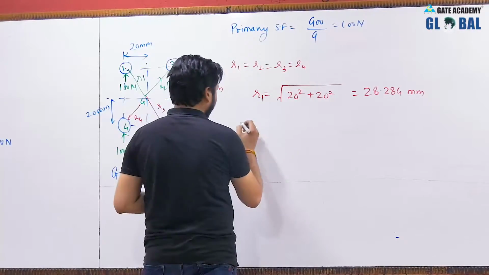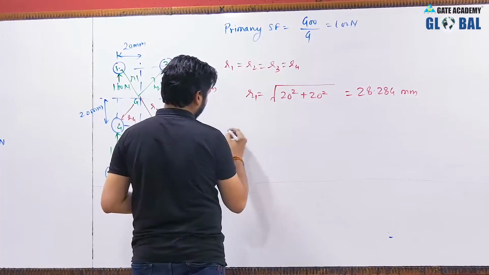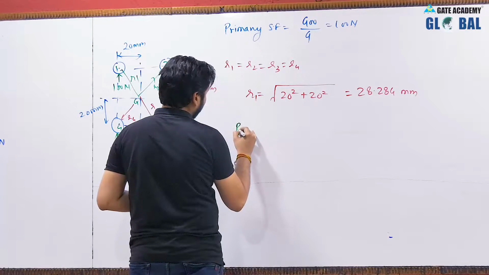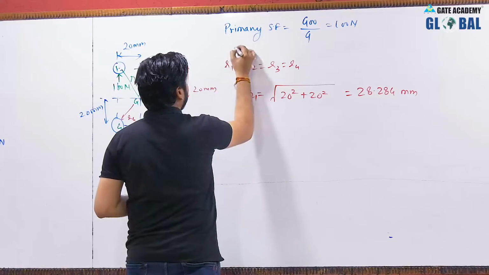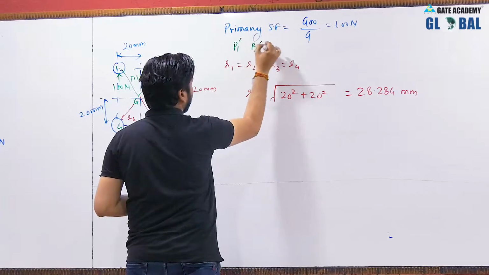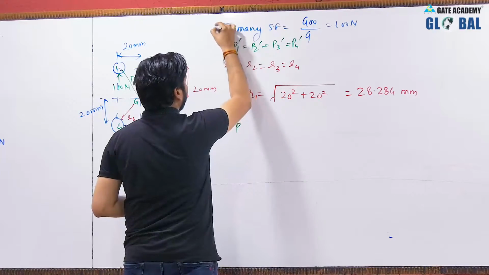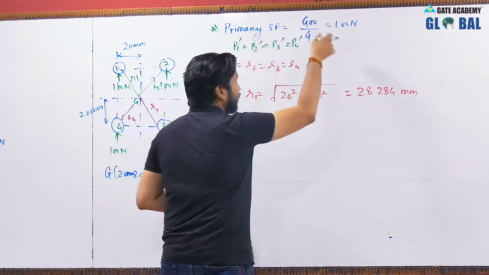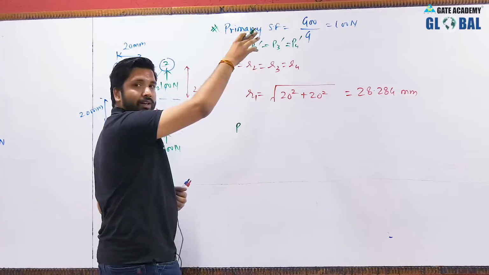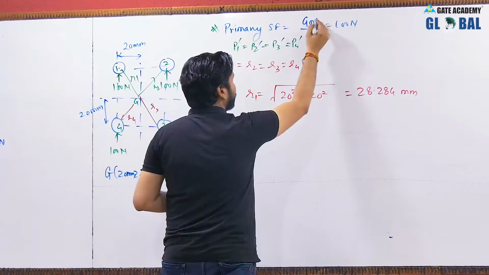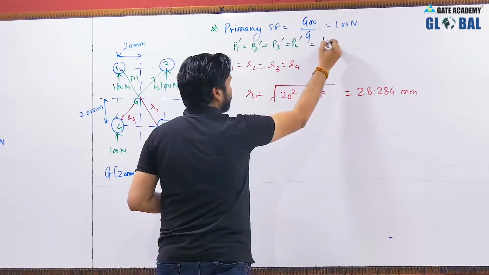Now we can calculate the secondary shear force. If the primary shear forces are P1 dash, P2 dash, P3 dash, P4 dash, all will be equal, as we know from our theory lectures that primary shear force will be equal in every rivet, and that will be equal to the total load divided by the number of rivets, so that is equal to 100 Newton.